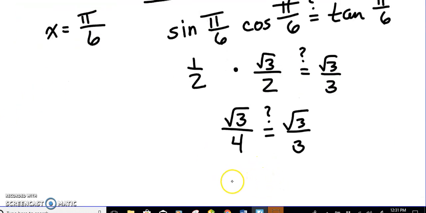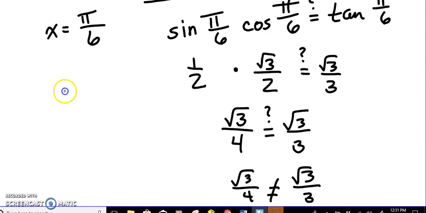So here we know that it is not. So we have now given a counterexample of where this identity is not true. Therefore, since the equality is not true, the equation is not an identity.